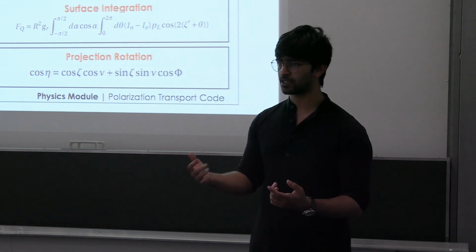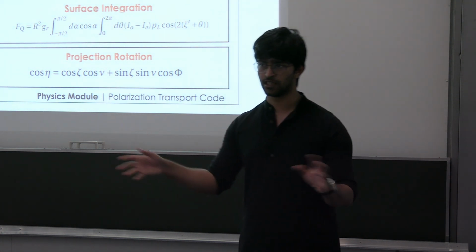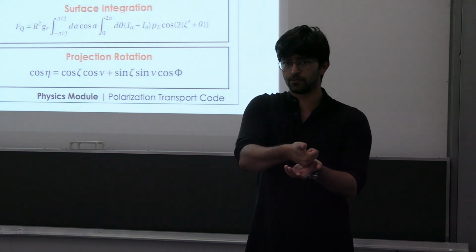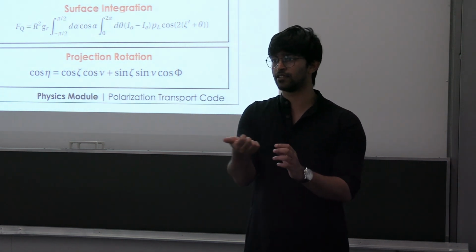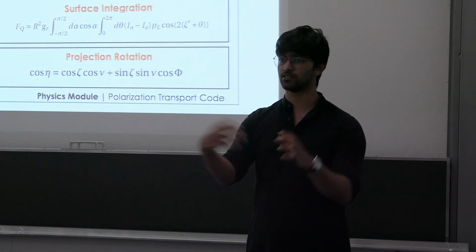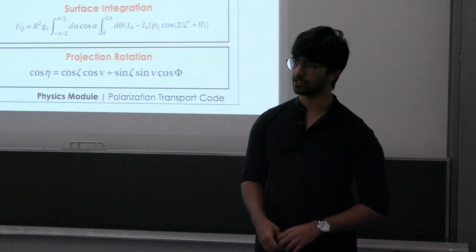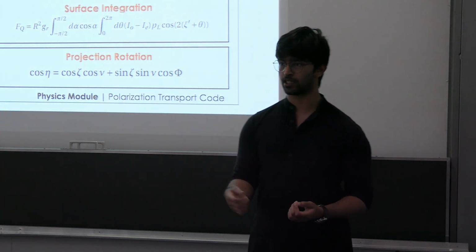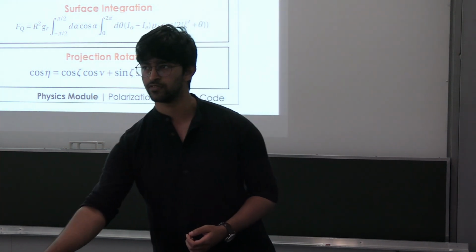That is not what is happening in this general relativistic understanding of polarization transport. It's just the light ray itself bends and the polarization vector basically bends along with it because it has to stay constrained within a certain geometry. So there's no rotation in the sense of a birefringent material rotating it. It's more of a geometrical effect.